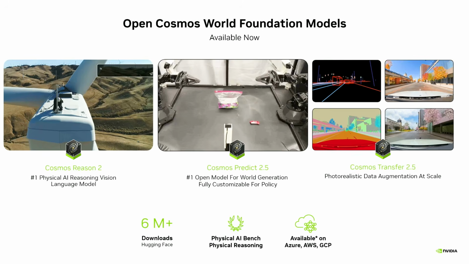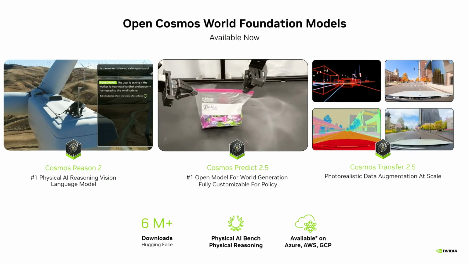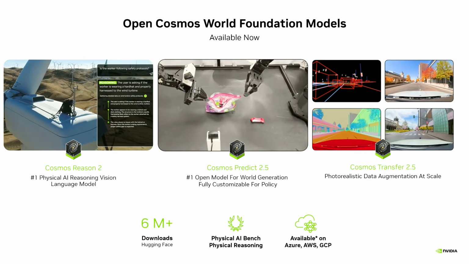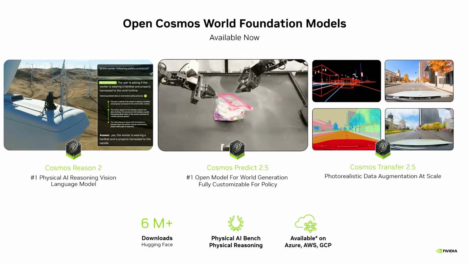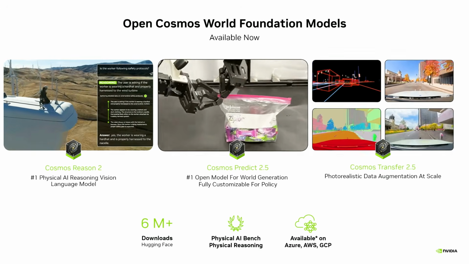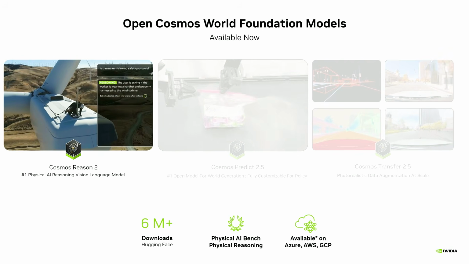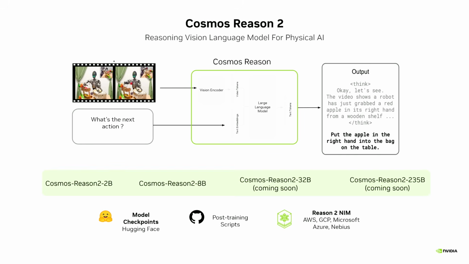Okay, now let's dive into 3 of the Cosmos models: Cosmos Reason 2, Cosmos Predict 2.5, and Cosmos Transfer 2.5. Okay, Reason 2. Cosmos Reason 2 is a physical understanding model.